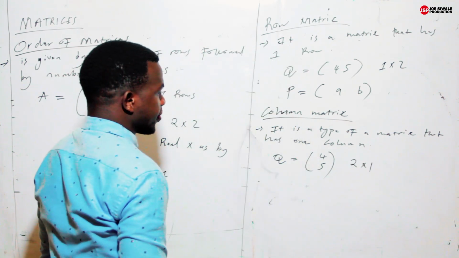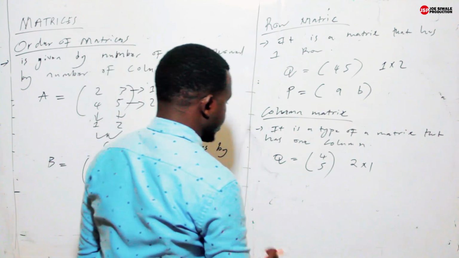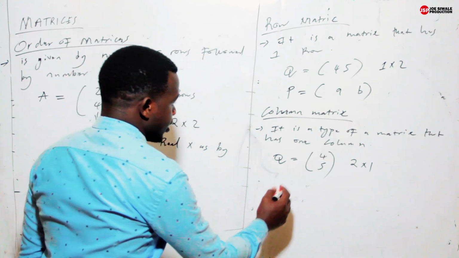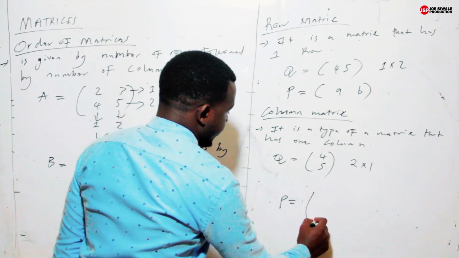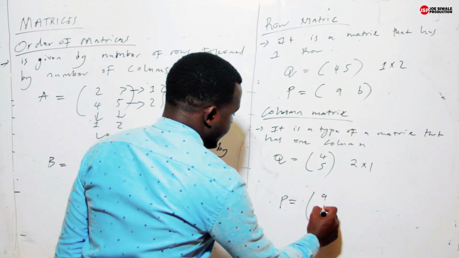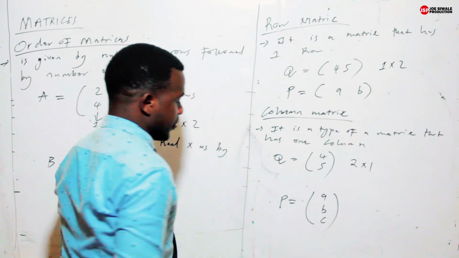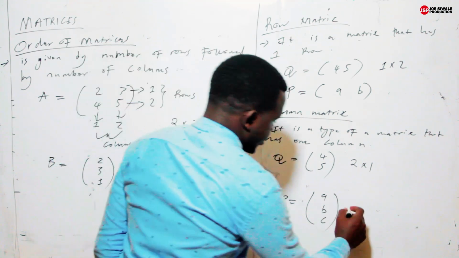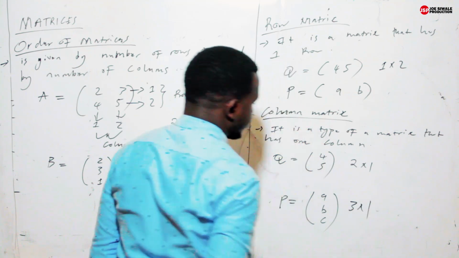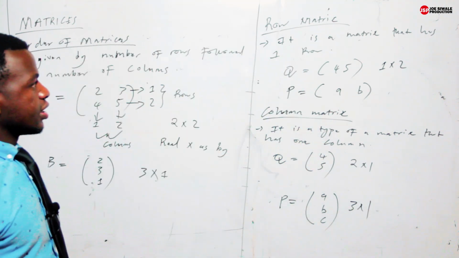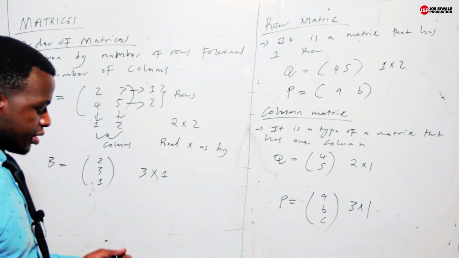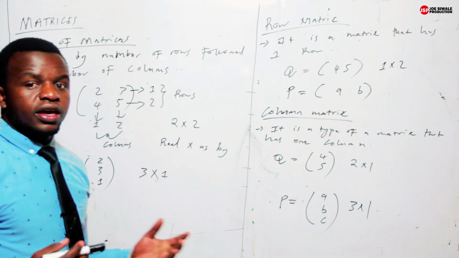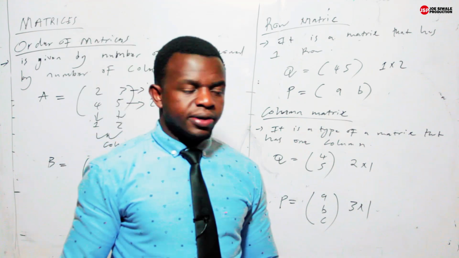Another example that we can give, we can say matrix P is equal to, in this form, A, B, C. And we can say that the order of this matrix is 3 by 1. So these are some of the examples of the row matrix and the column matrix. Where you have questions, please ask in the group.